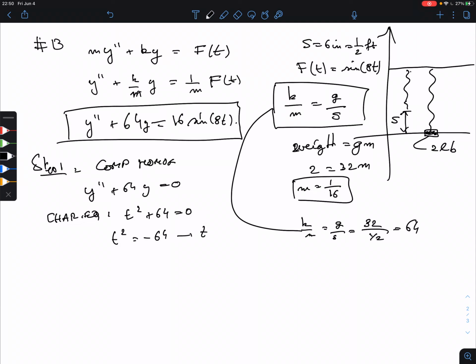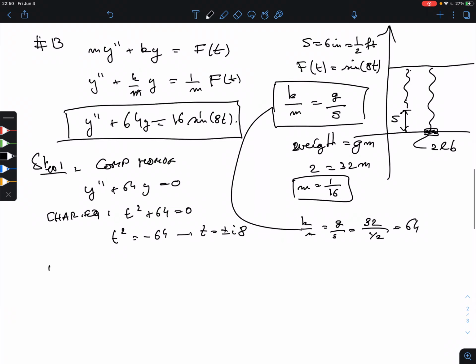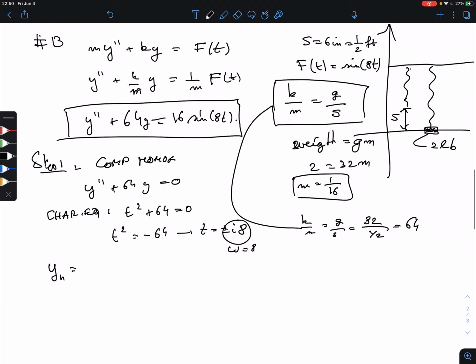And so this means that t is plus or minus i times the square root of 64, which is 8. Don't forget, this is complex numbers, right? And this means that our homogeneous solution will look like, we know what this means, right? This omega is 8. So we have here a cosine 8t with a general coefficient plus b sine 8t. So that's our homogeneous solution. Now, step 2.